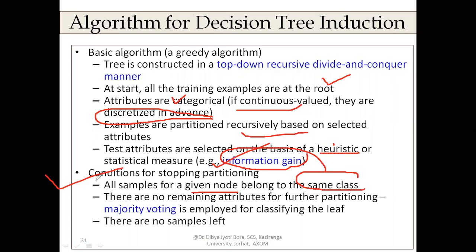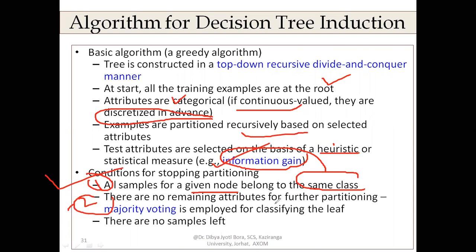This is the first condition. The next condition is that there are no more remaining attributes for further partitioning. Meaning we don't have any more attributes with which to partition. There are no remaining attributes for further partitioning.